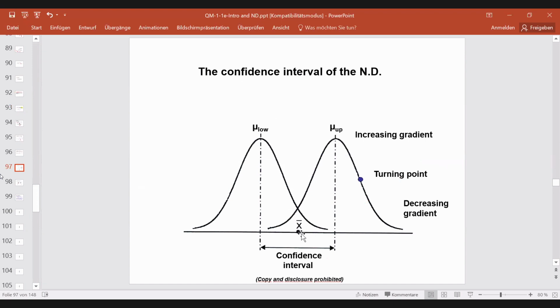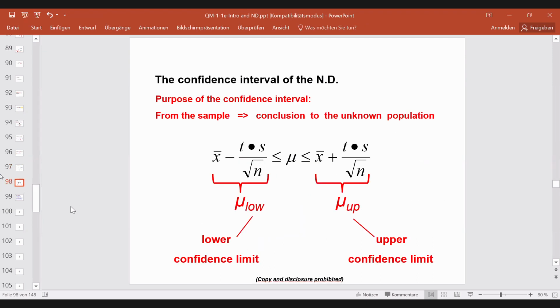You take out a sample out of the production, and then you do a forecast. What will be the mu value of the population? So the purpose of the confidence interval is the forecast, the calculation, the prognosis from the sample to the unknown population. And this is how to do it.